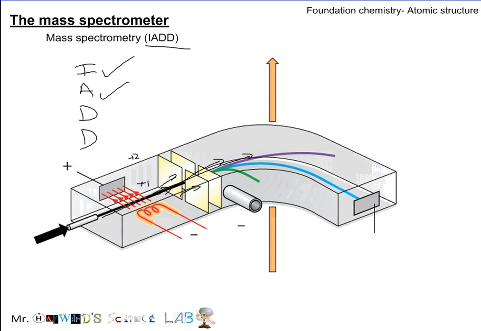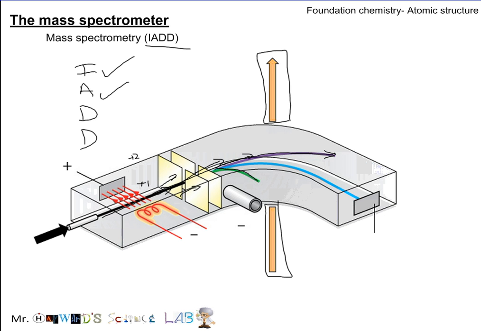Deflection is caused by this magnetic field, and the magnetic field can go either way. In this example, it's showing that it's going from the bottom to the top. So in deflection, if we've got some atoms that are too heavy, they're going to be deflected against the wall here. They're not going to be pulled across enough or deflected enough.